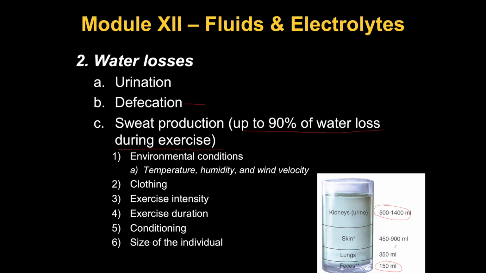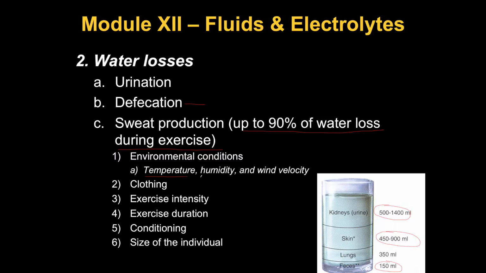So sweat production can be high. The average person that's not an athlete or exercising in hot, humid conditions, about 450 to 900 milliliters of fluid can be lost this way just from evaporation of fluid on the skin.